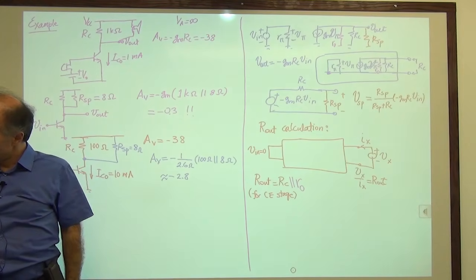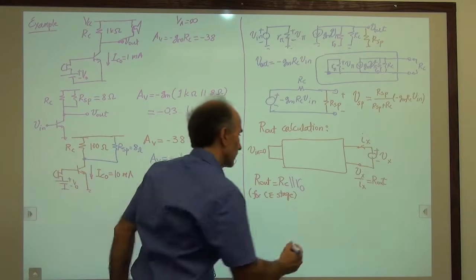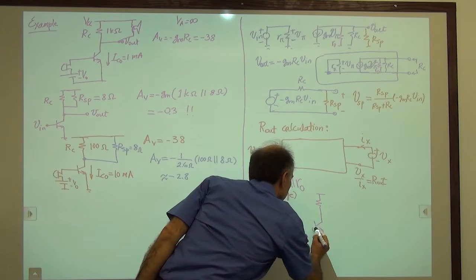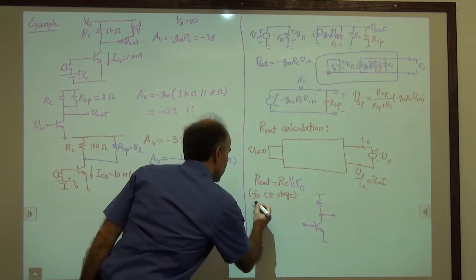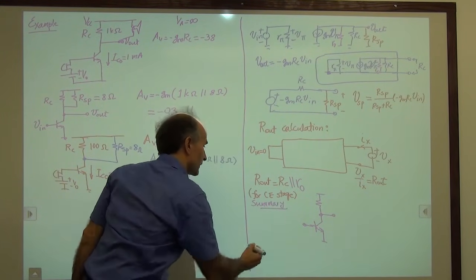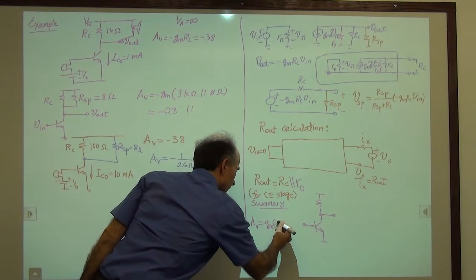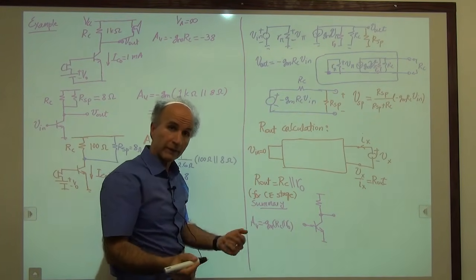Okay, let's see if there's any other important concepts that we need to discuss. All right, so in general, we draw the circuit like this for ourselves, and as a summary, here's a summary of what we have learned about the common emitter stage. You say AV is equal to minus GM times RC in parallel with RO, if you want to be very general.